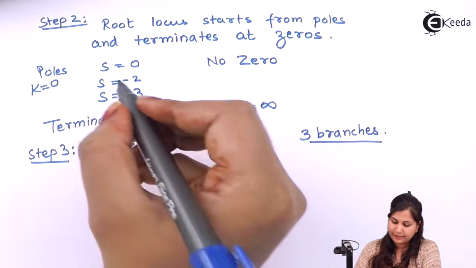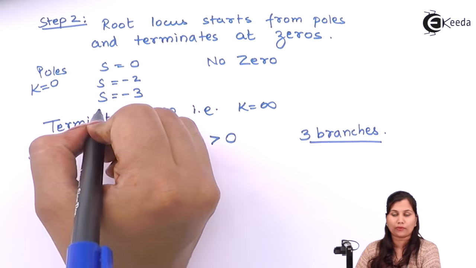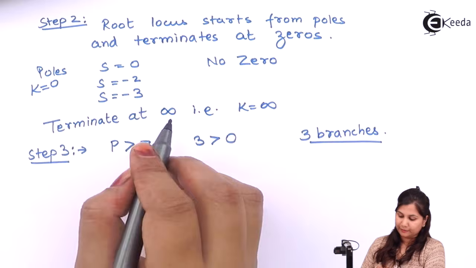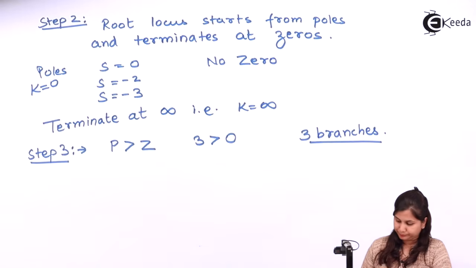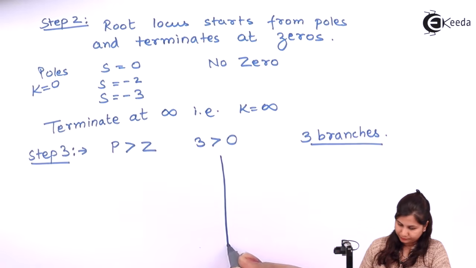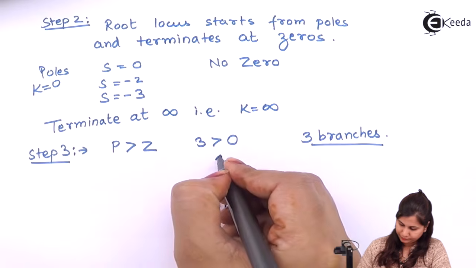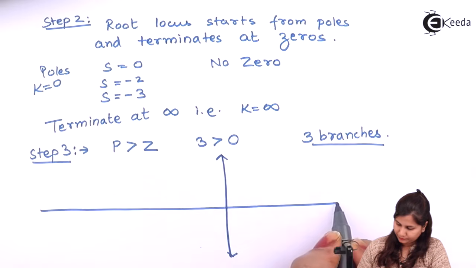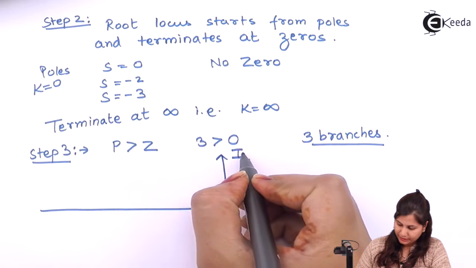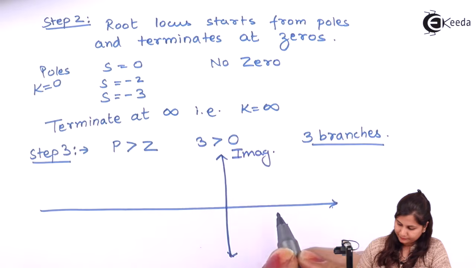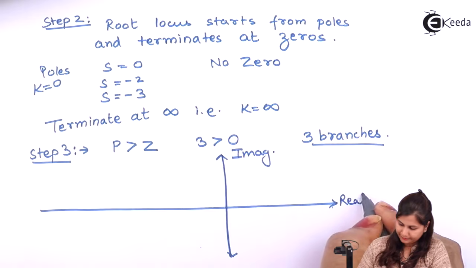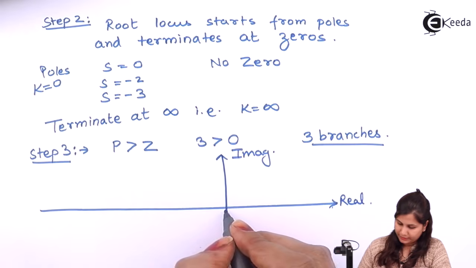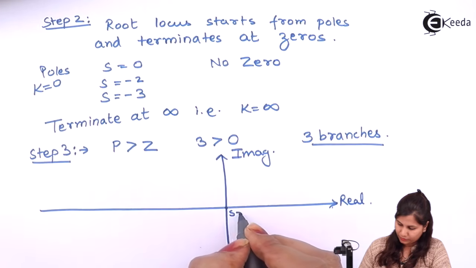Now plot the poles of the system on the s plane. This is our imaginary axis and this is the real axis. This is 0, s equals 0.